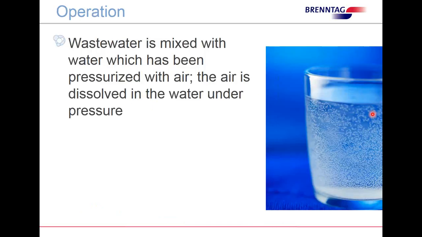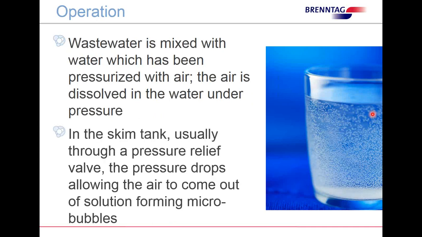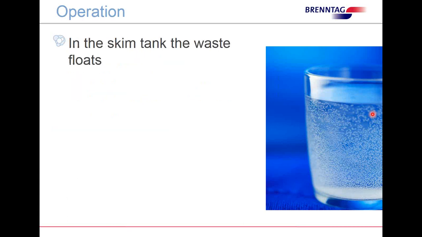So if we talk about the operation, for DAFs, wastewater is mixed with water, which has been pressurized with air. The air is dissolved in the water under pressure. In the skim tank, usually through a pressure release valve, the pressure drops, allowing the air to come out of solution, forming microbubbles.